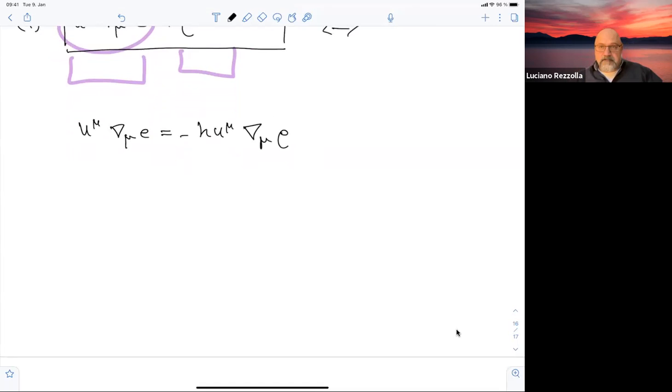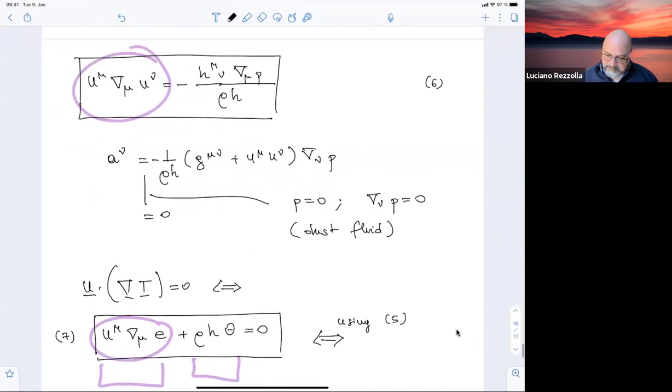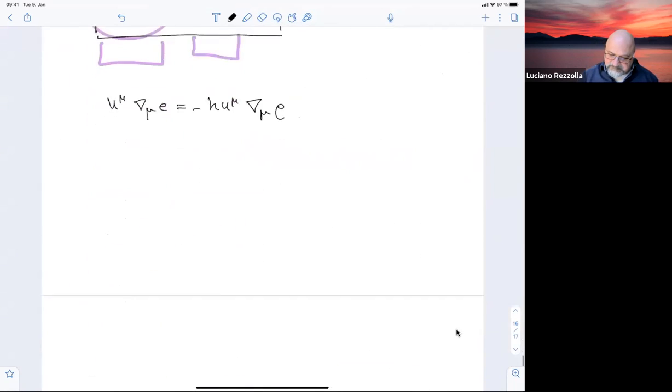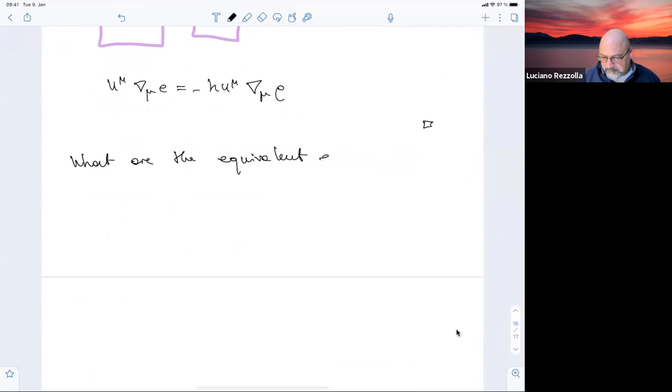I don't know how many of you are familiar with the equivalent equations in Newtonian physics. So what are the equivalent equations to 5, 6, 7 in Newtonian physics?